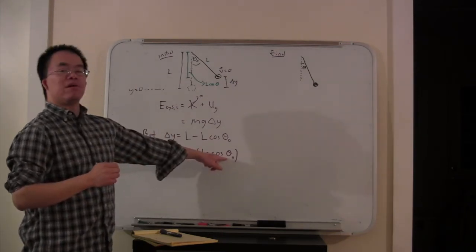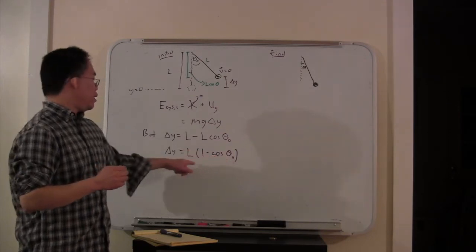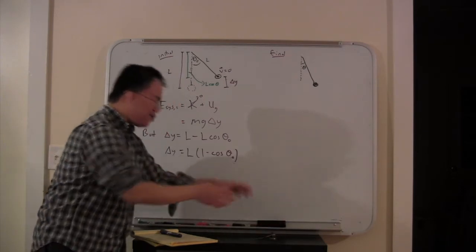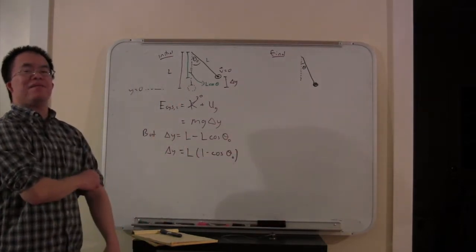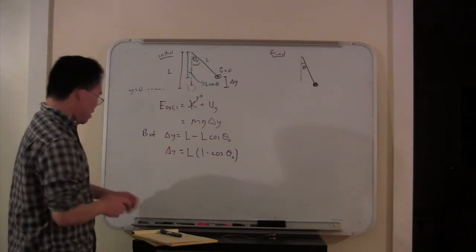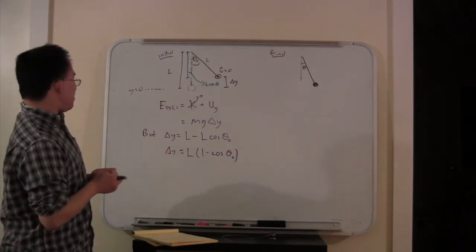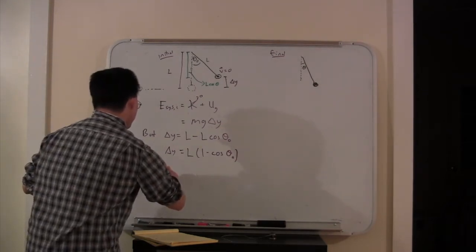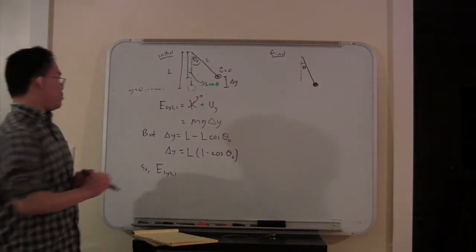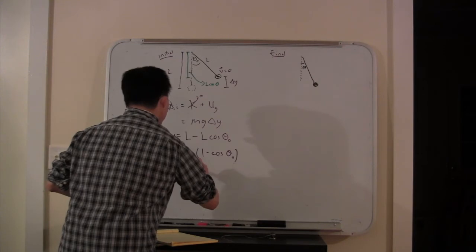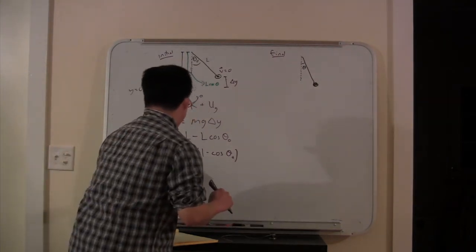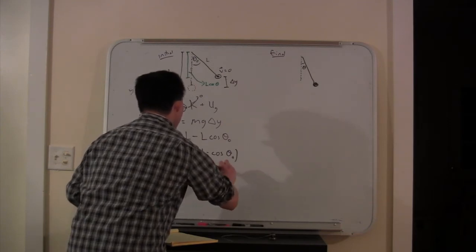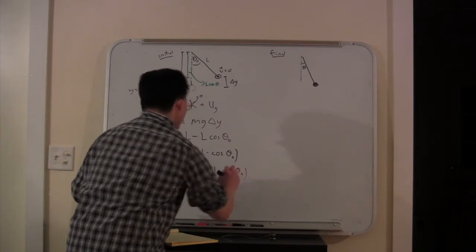If theta naught is 0, cosine of 0 is 1, so delta y equals 0, which is in fact plausible. That's always a good check that we didn't make a silly trig mistake. So right away we can conclude that E sys initial is equal to mgL times 1 minus cosine theta naught.